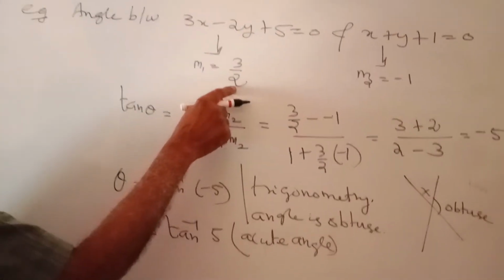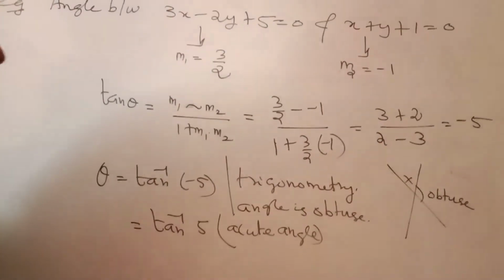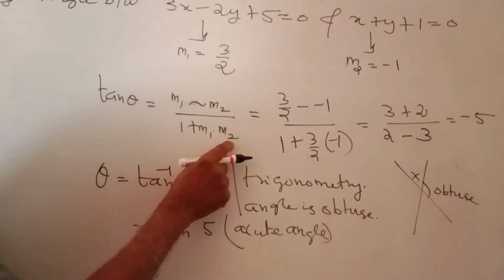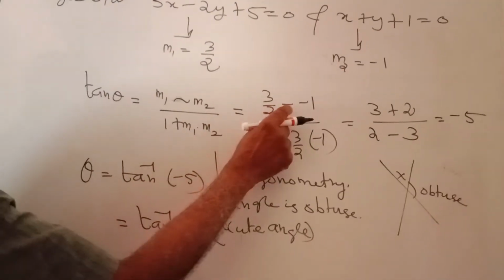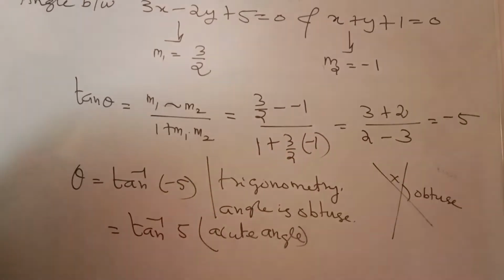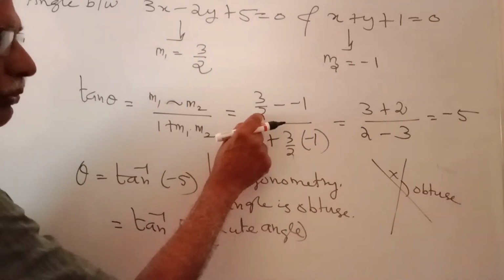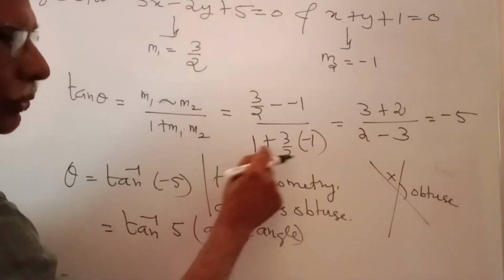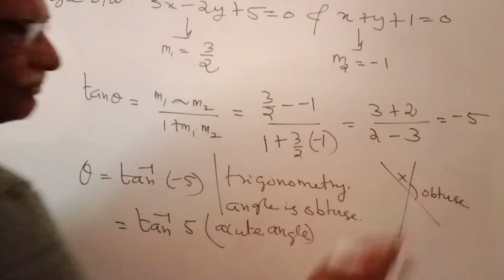So m1 is 3 by 2, m2 is minus 1. Tan theta is (m1 - m2) by (1 + m1 m2), so (3/2 - (-1)) by (1 + 3/2 into -1). You multiply by 2. It becomes 3 plus 2, 5, divided by 2 minus 3, which is minus 5.